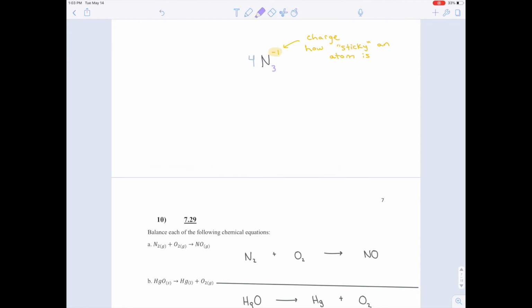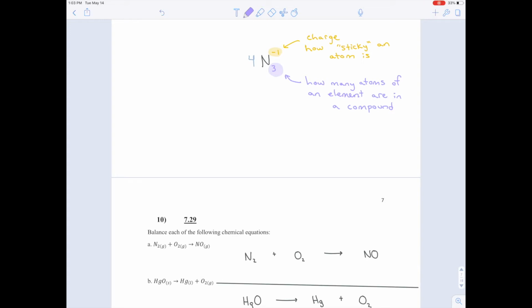The number at the bottom right tells you how many atoms of an element are in a compound. You get a compound when you put more than one atom together.